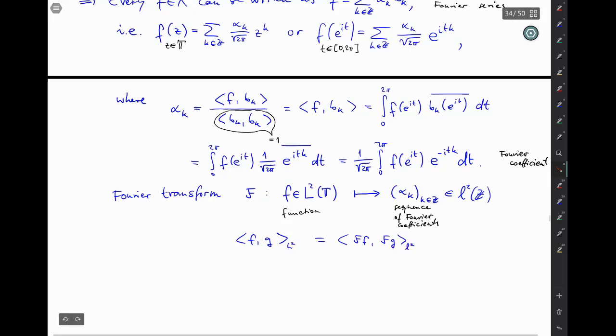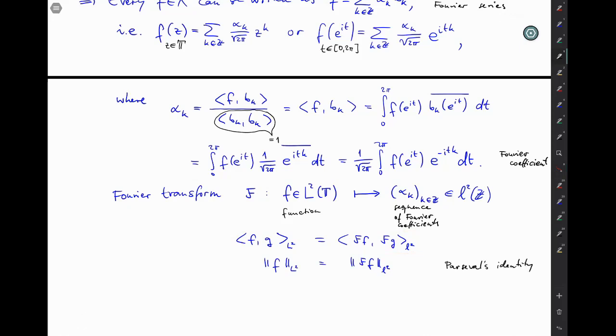So in the same style, or even as a consequence of this here, when you put f equal to g, you get that the same holds for norms, where this last one here is usually referred to as Parseval's identity, and the previous is Plancherel's identity.